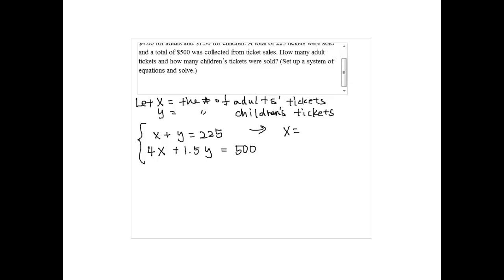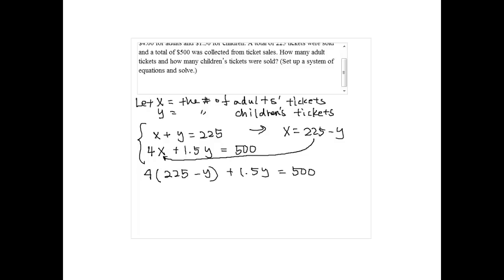By solving the first equation for X, we have X equals 225 minus Y. By plugging into the second equation, we have 4 times (225 minus Y) plus 1.5Y equals 500.